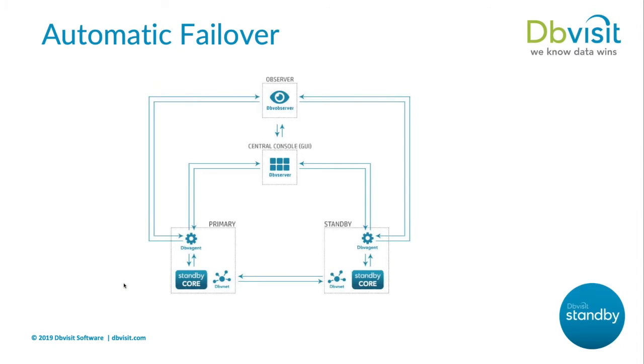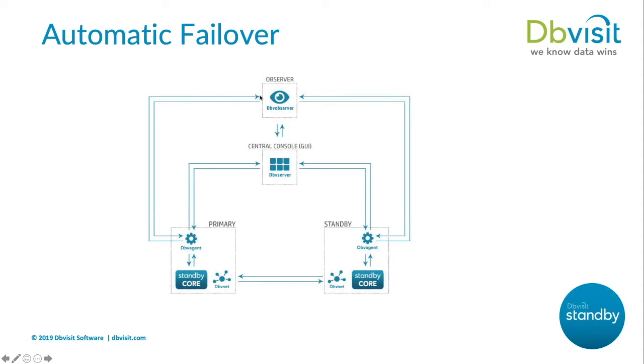Just high level also, the automatic failover architecture, you can see that it runs on the same host as your central console. The reason is you are managing the observer through the central console. So they need to be able to talk to each other, and thus it makes sense to have them on the same host.